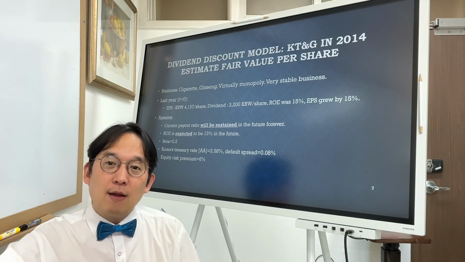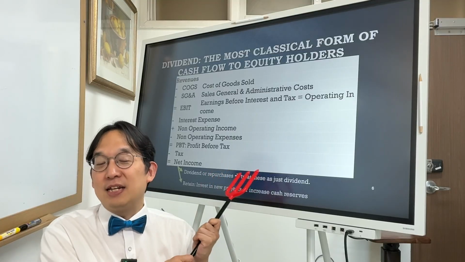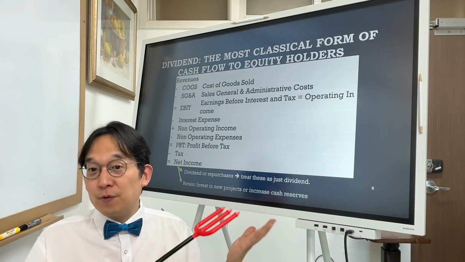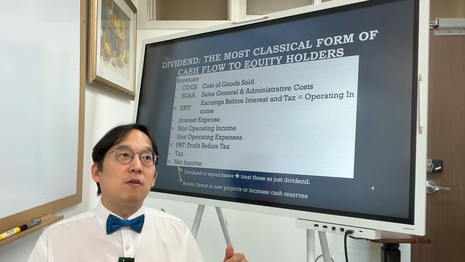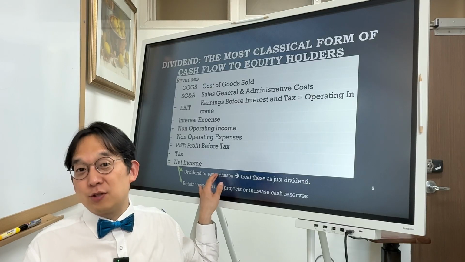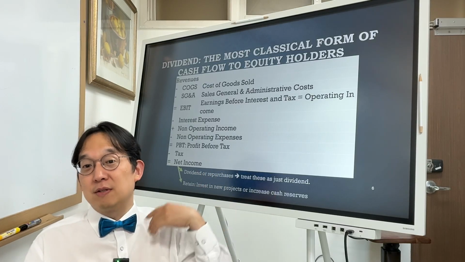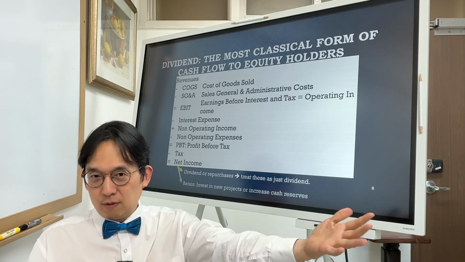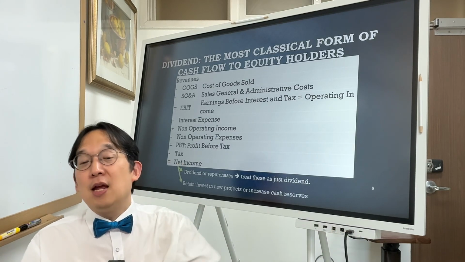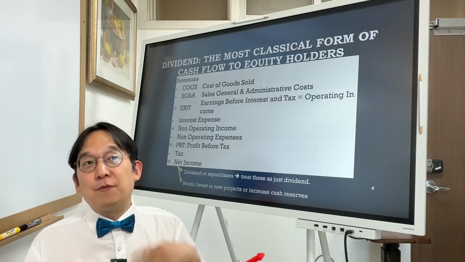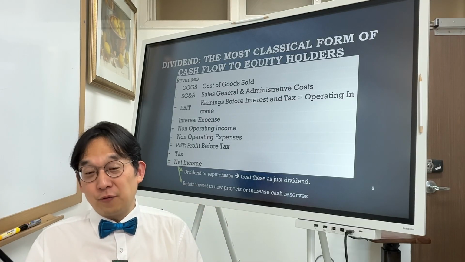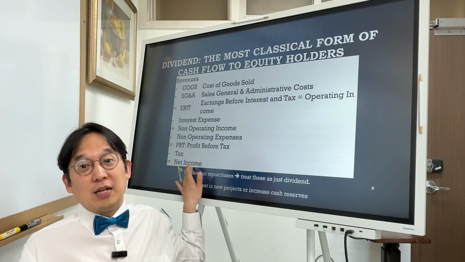Here the idea is that to be able to use dividend as cash flow to the equity holders, you need to have a stable business to generate dividend over a significant time horizon. If your company has to grow fast, if your company is in the tech sector like the companies in Silicon Valley, you cannot afford to pay dividend.